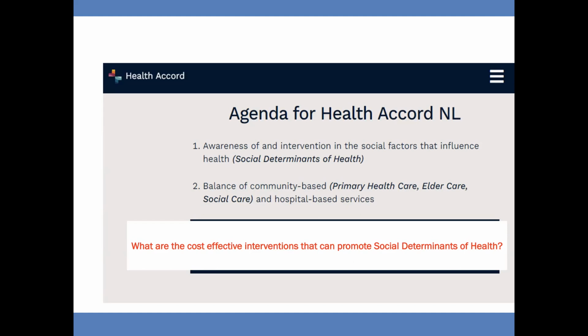And actually, only last week, I was contacted by a member of the Health Accord NL team, because she's looking to evaluate the cost and effectiveness of some interventions to target the social determinants of health. So health economic evaluation is very relevant.